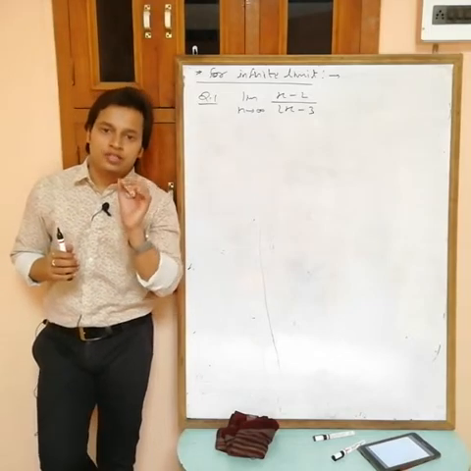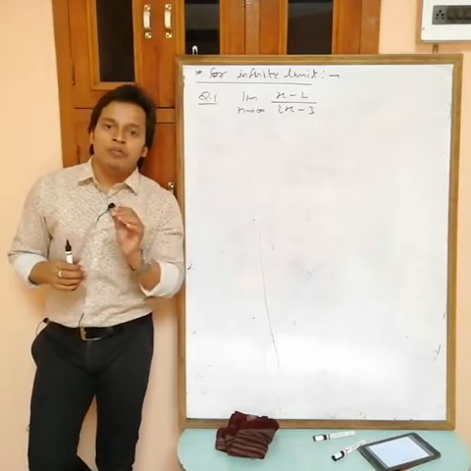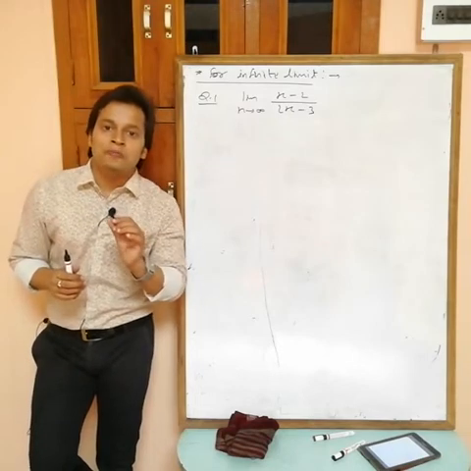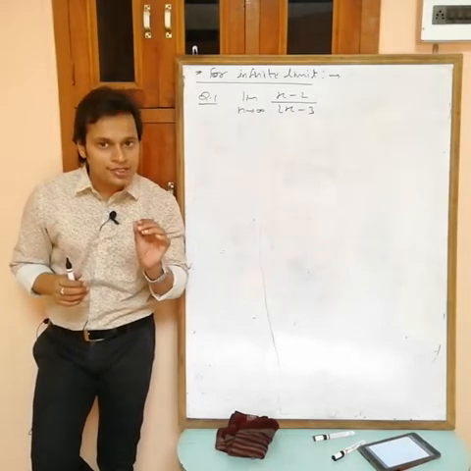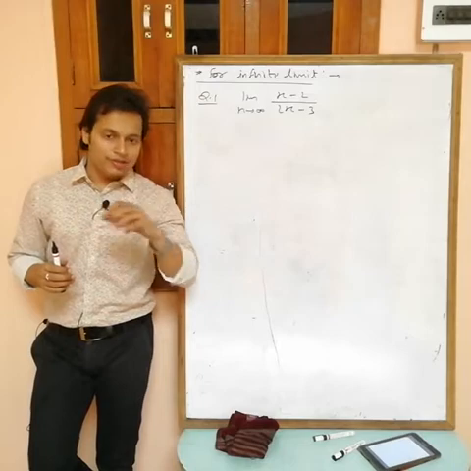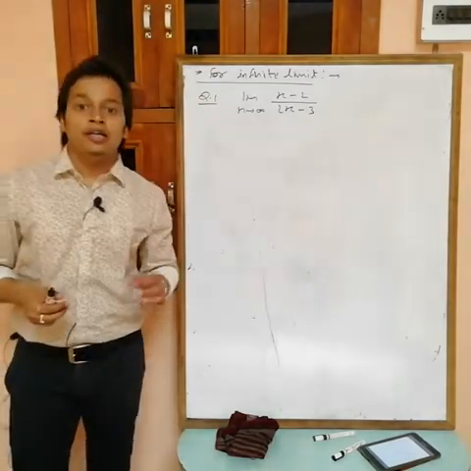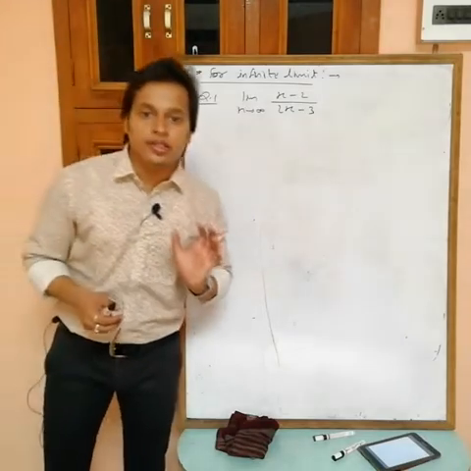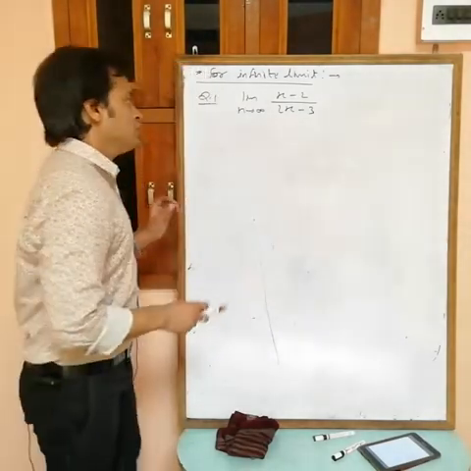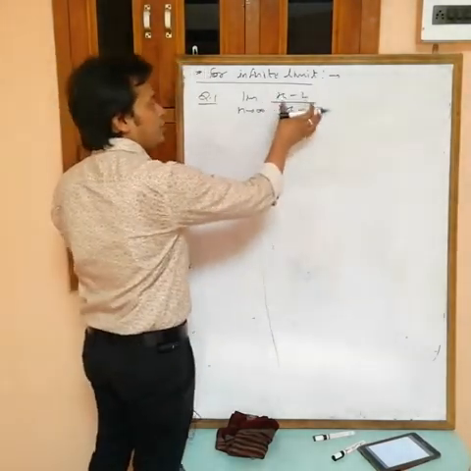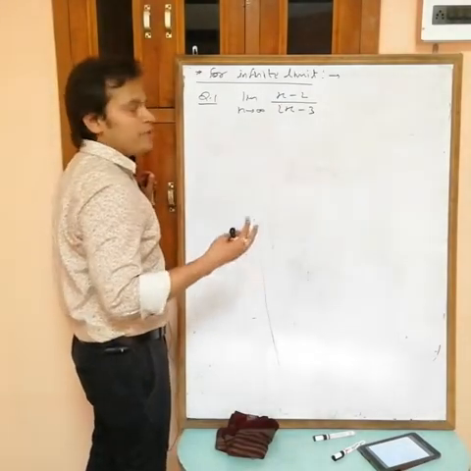Remember, if x is tending to infinity and the numerator and denominator are both given in terms of a polynomial, then take the highest power of x common. So here, the numerator and denominator are both given in terms of x. The highest power of x is 1.